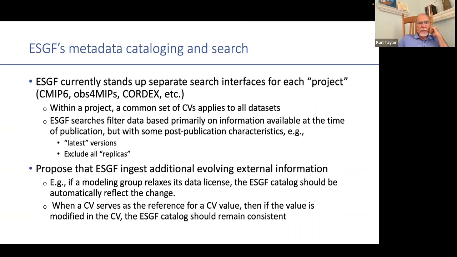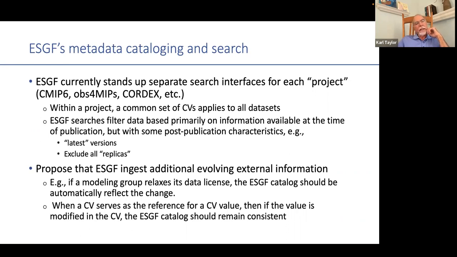Once that's decided, a lot of the search is performed based on what appears then in the catalog. And what appears in the catalog is placed there primarily at the time of publication. But there are a few things that get added later on or can be modified after publication. We have something that indicates the version of a data set.